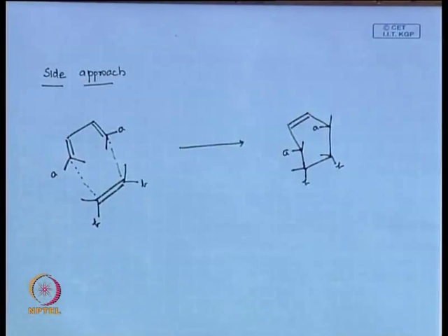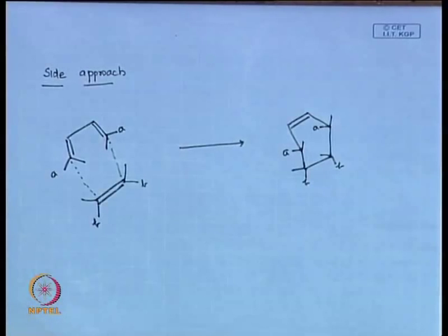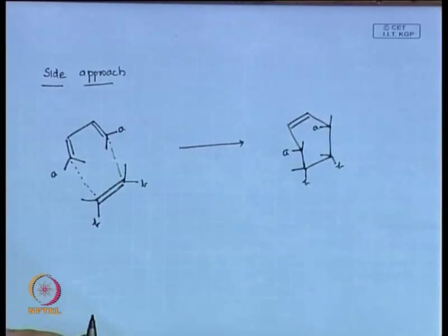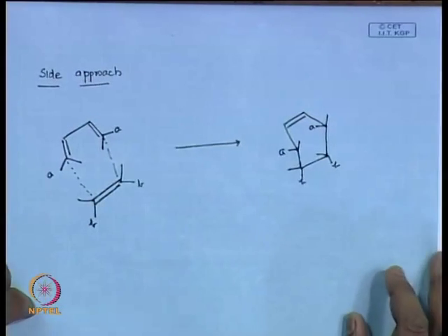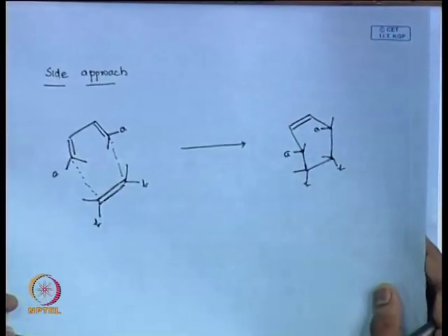So, you can see in two ways. One you can see in the front approach, another by side approach. That is how because of this alignment we get selectivity in Diels-Alder reaction, and this is your facial selectivity. We see 1 or 2 examples and see how the selectivity is there.